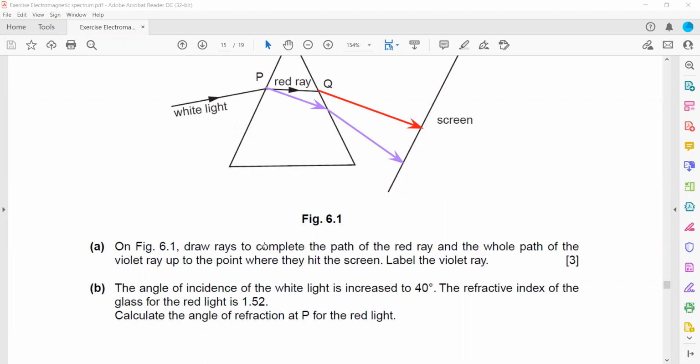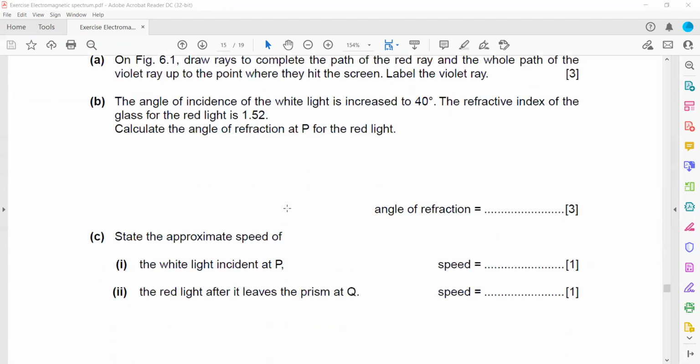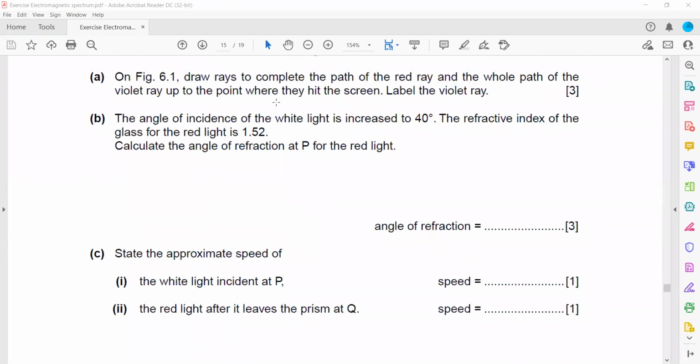Then the next part, the angle of incidence and angle of refraction are given. The angle of incidence is given and refractive index. So angle of refraction is needed. The light is traveling from air to glass, so refractive index is given by the formula sin i over sin r.